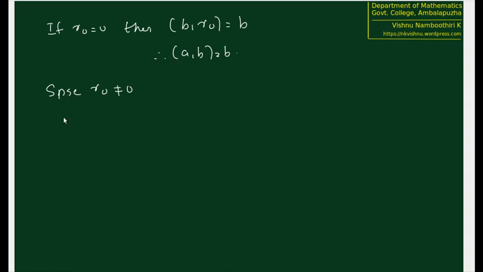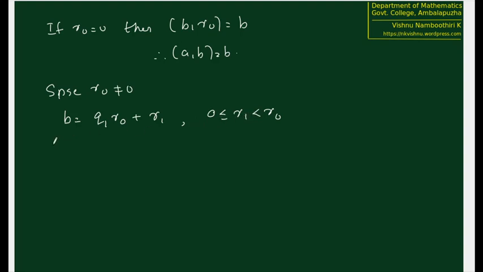We are going to write B in terms of R naught: B equals Q1 R naught plus R1, where 0 less than or equal to R1 less than R naught. We are trying to divide B with R naught.